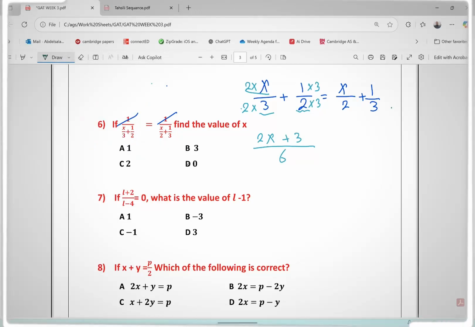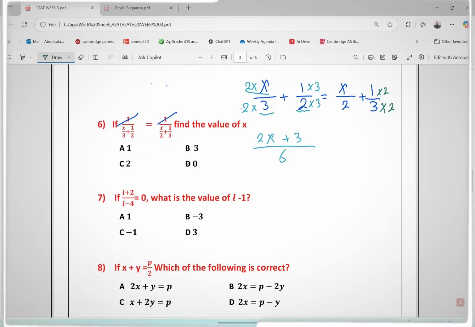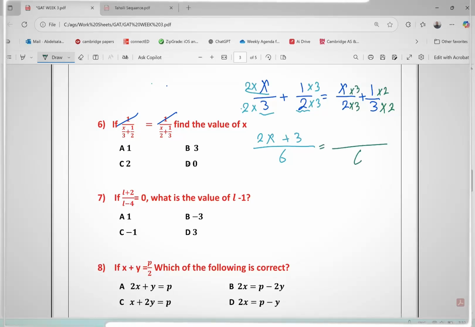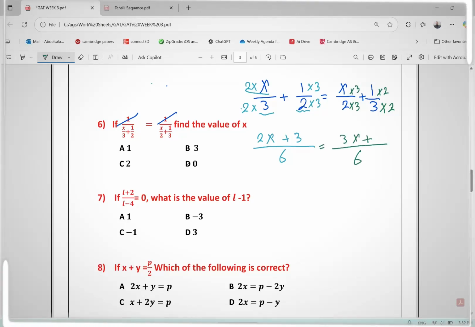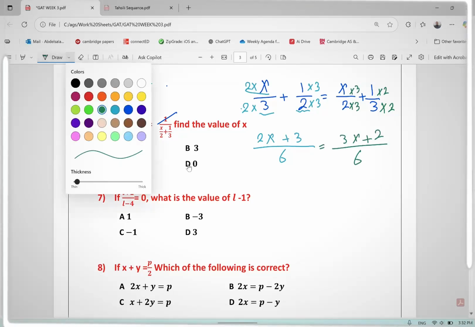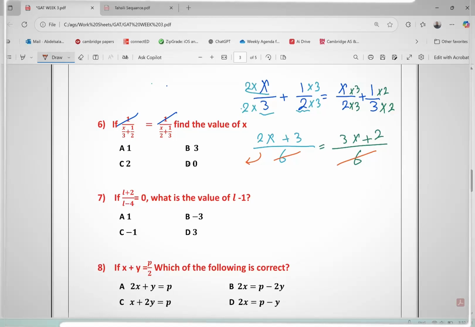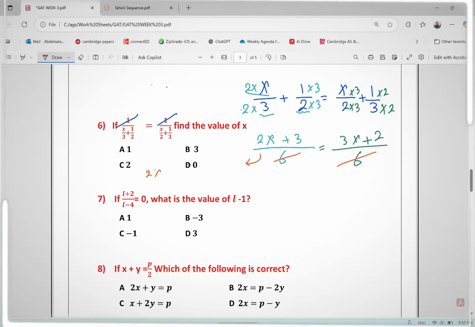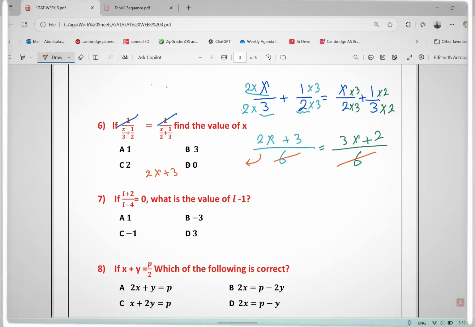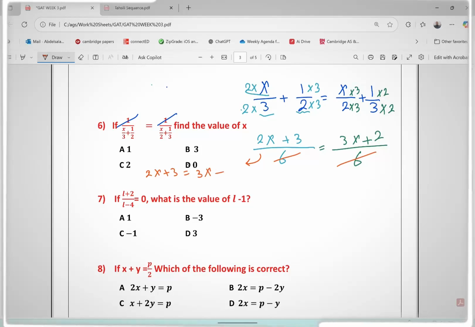Here I will do the same. I have to multiply by 2, multiply by 3, which will be 3x plus 2. Okay? Now, Bismillah. Can I cancel 6 and 6? Yes. So now the equation is 2x plus 3 equals 3x plus 2.